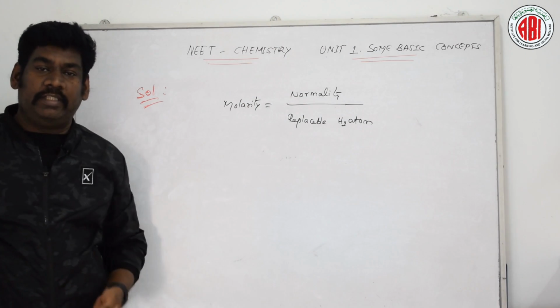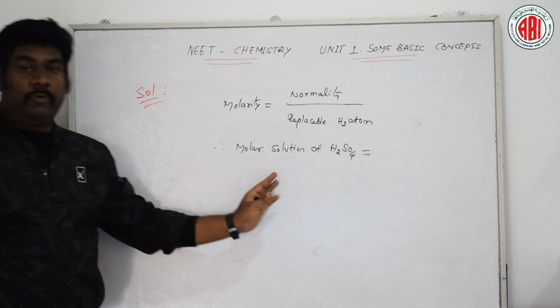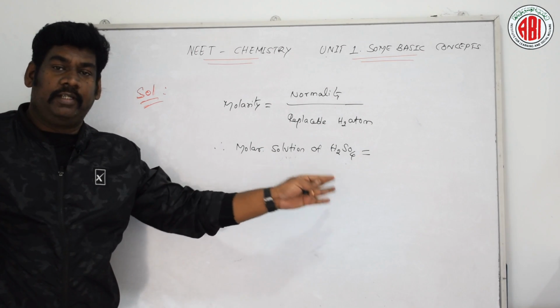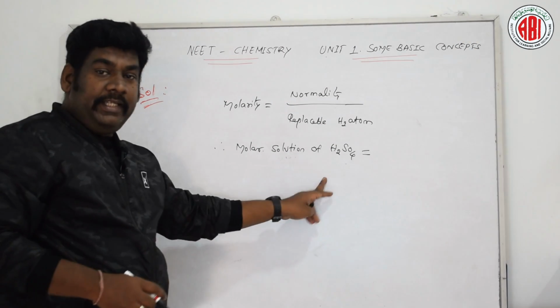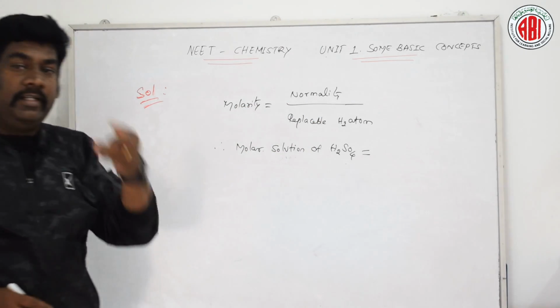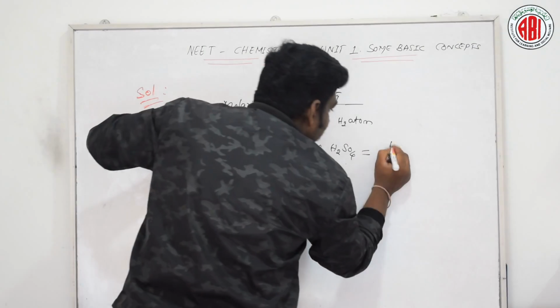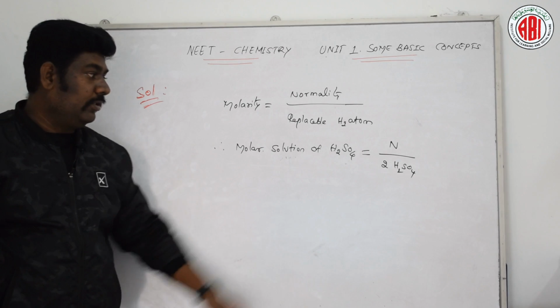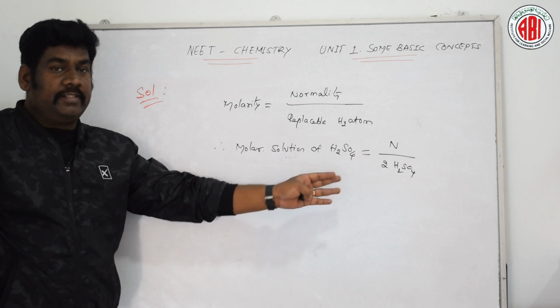So the molar solution of H2SO4 is normality by replaceable hydrogen atoms, that is N by 2 H2SO4. So in this way you can solve this problem.